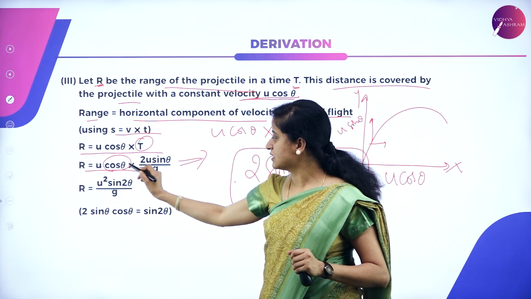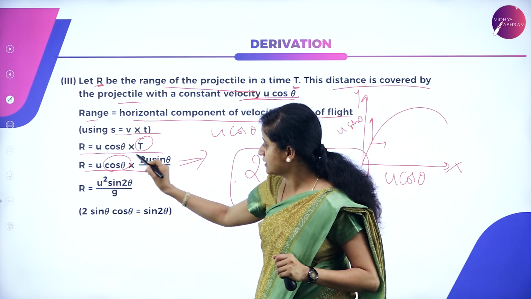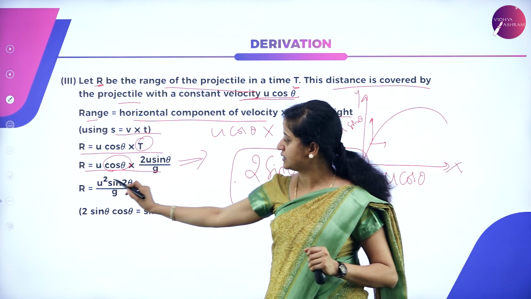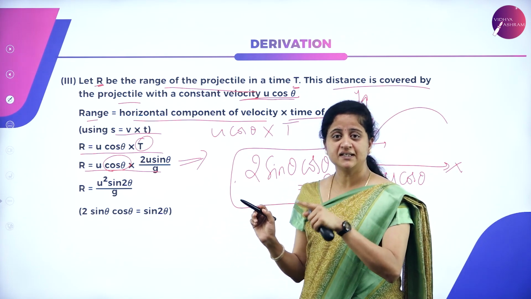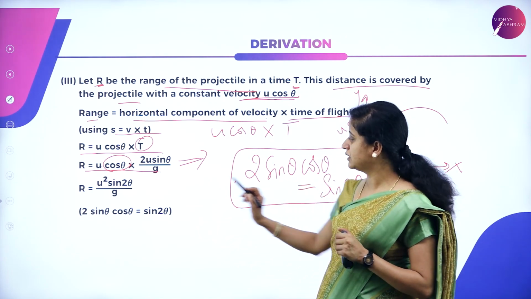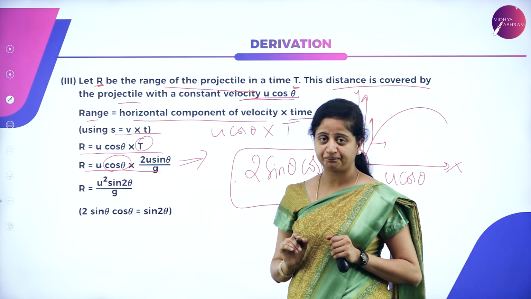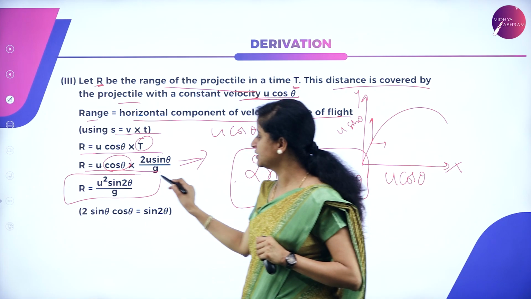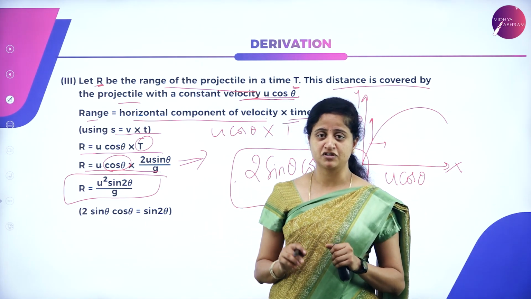Replacing cos theta and 2 sin theta with sin 2 theta, here this u is multiplied with this u, so u into u is u square, and cos theta into 2 sin theta is sin 2 theta. So I am writing sin 2 theta divided by g. This is the expression to find the maximum horizontal distance travelled by a projectile.